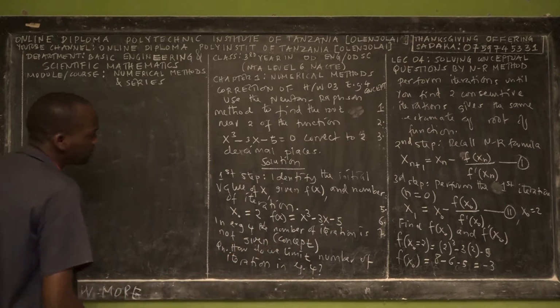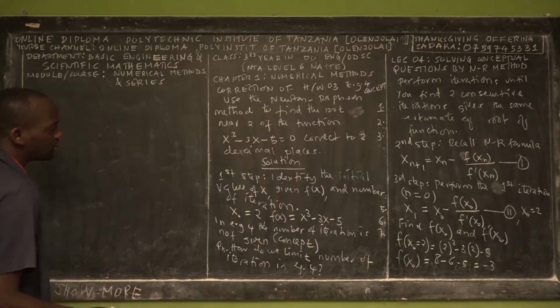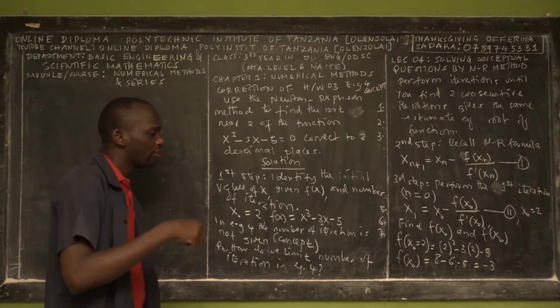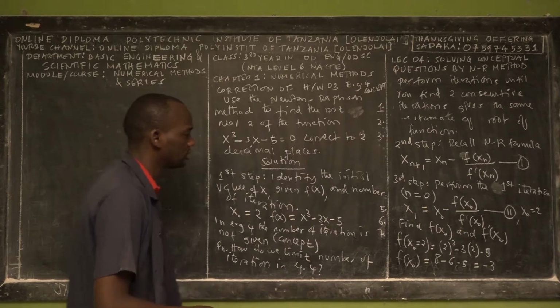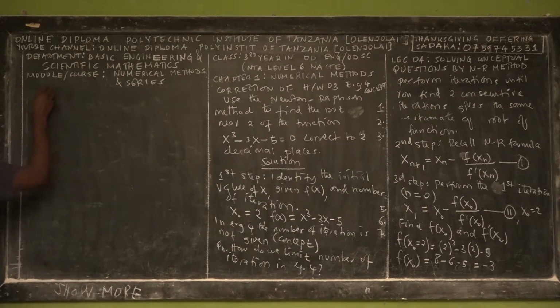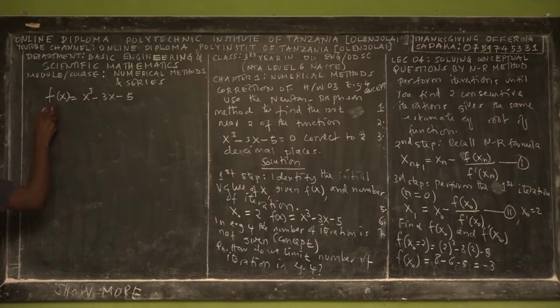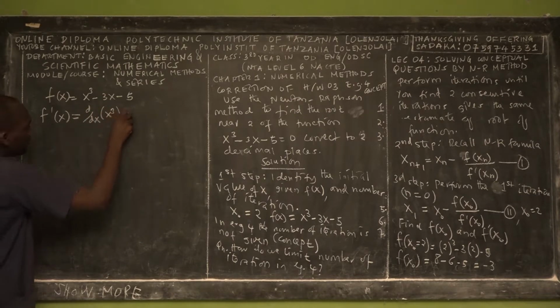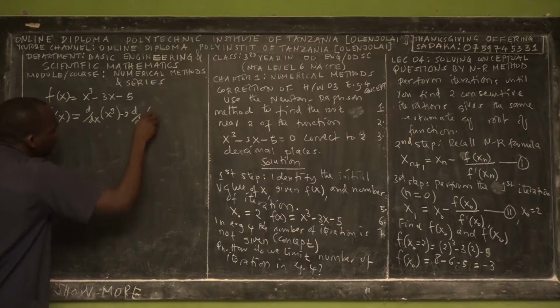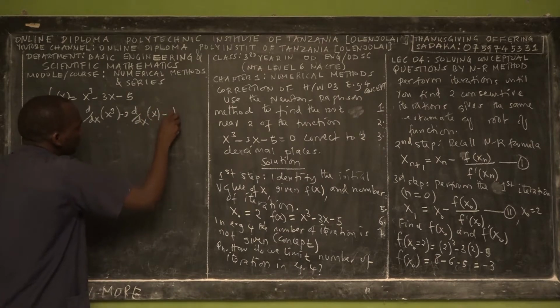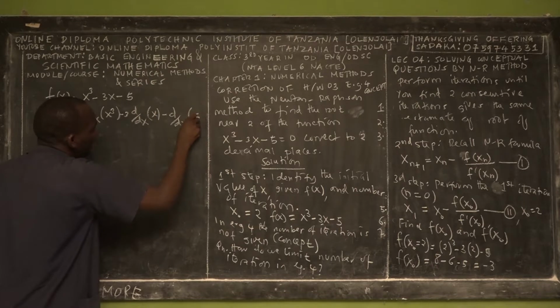To get f dash of x0, the value of the first derivative of the function, we have to refer to the given function, f of x equal to x cubed minus 3x minus 5. To find f dash of x, we differentiate every term with respect to x. So d/dx of x cubed, minus 3 times d/dx of x, minus d/dx of 5.